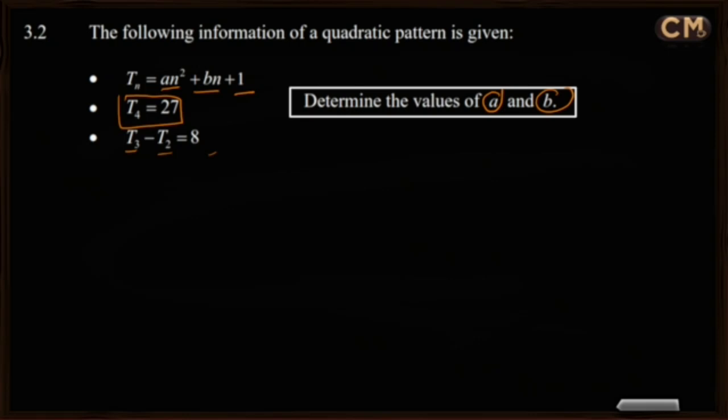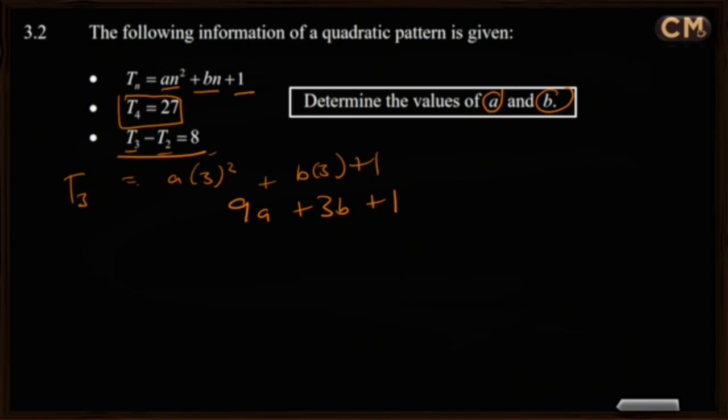How does this work? Well, let's work from the bottom. Term 3 is just going to be a times 3 all squared plus b times 3 plus 1. So that's just going to equal 9a plus 3b plus 1.